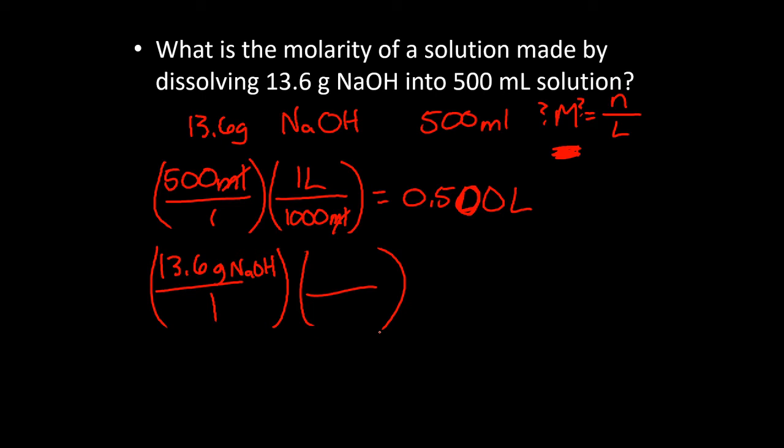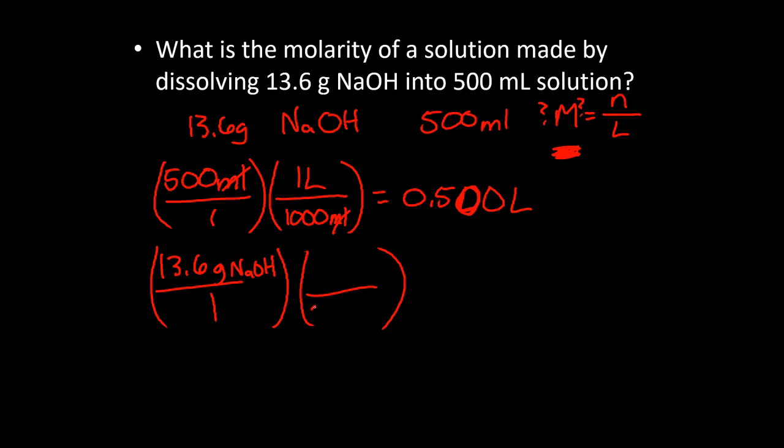So sodium on the periodic table is 22.99, oxygen is 16, and hydrogen is 1.008. And so it's essentially 40. I'm just going to go ahead and round it to 40. I'm getting 39.998. I'm just going to round that to 40.